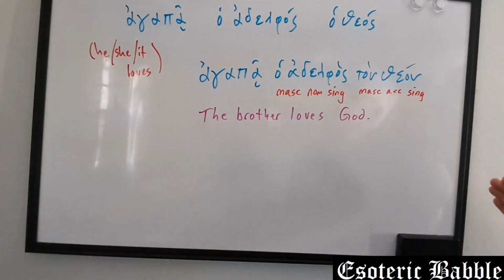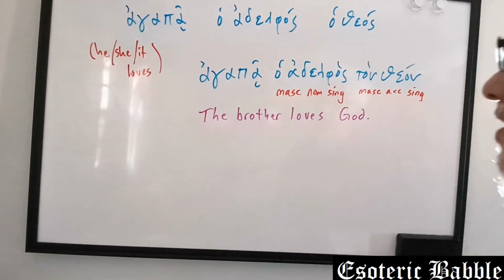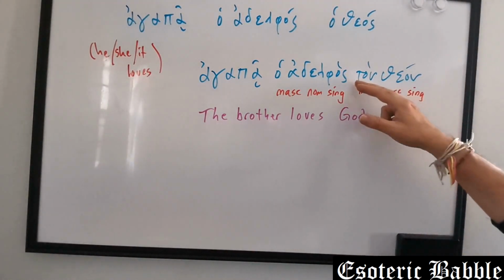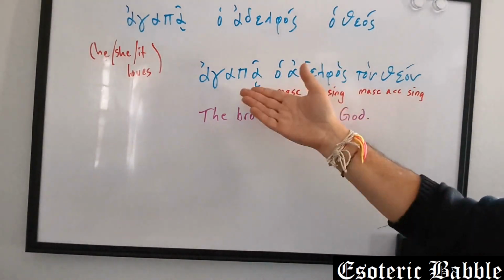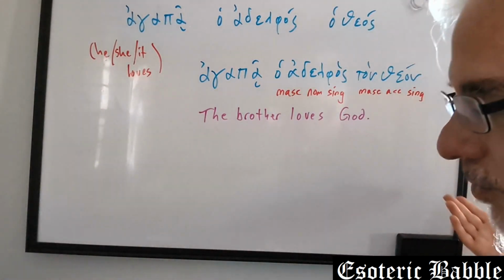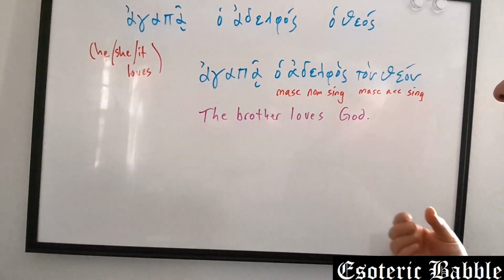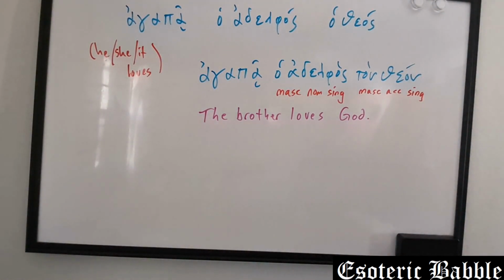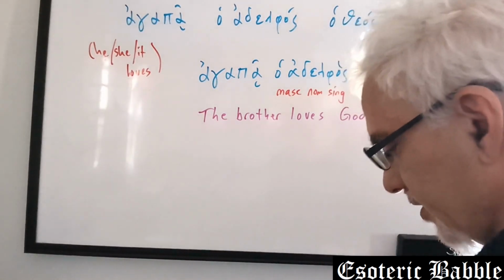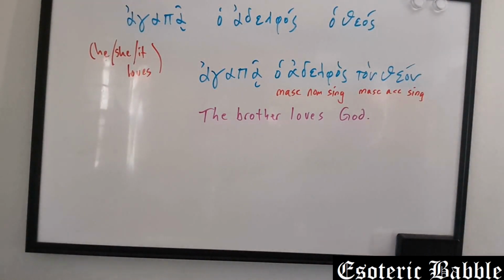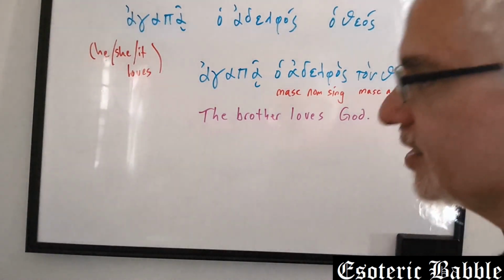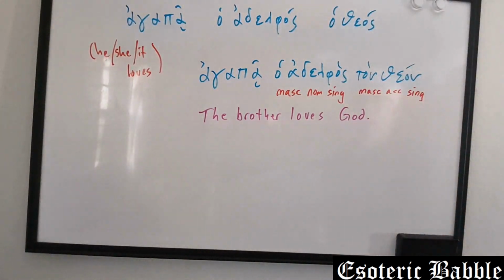And certainly in a monotheistic context, that might not make any sense. So a broader context would let us know the meaning there. But just keep in mind, you'll also see the article with names, and certainly if you see ho Aristoteles, we don't say the Aristotle, we just say Aristotle. Or ho Jesus, typically just say Jesus, not the Jesus.